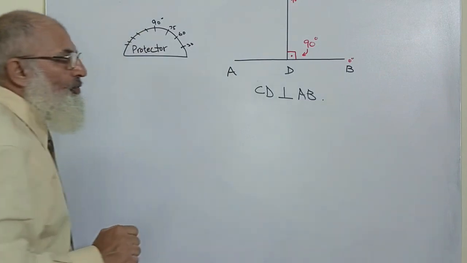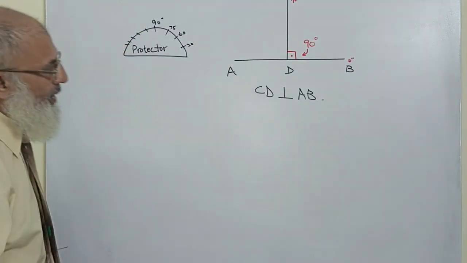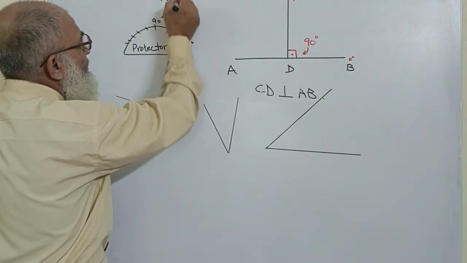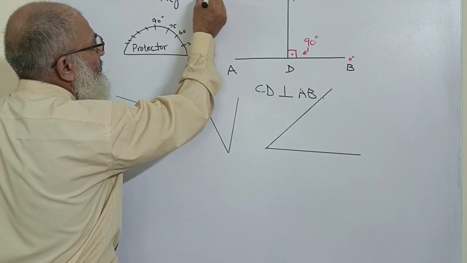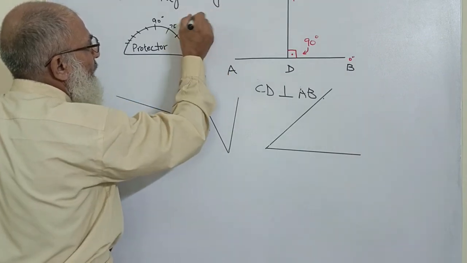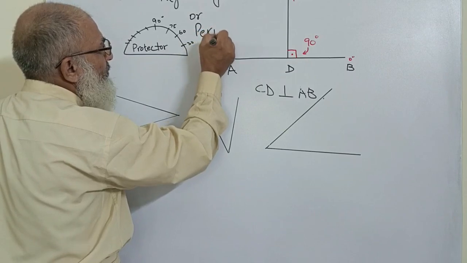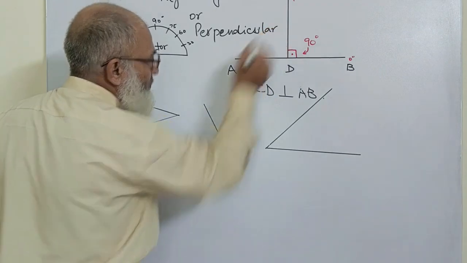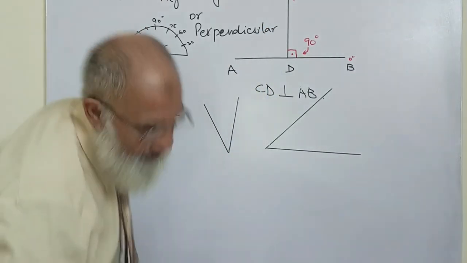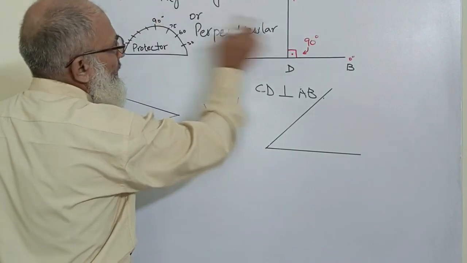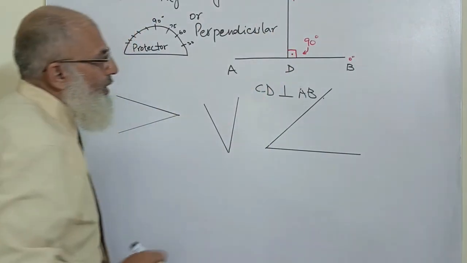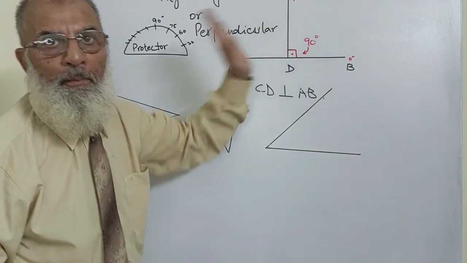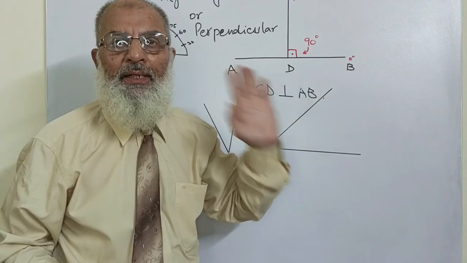Now we'll go to another angle which is called acute angle. What is acute angle? Now this is the right angle or perpendicular. Now anything less than 90-degree, maybe it is 89-degree.